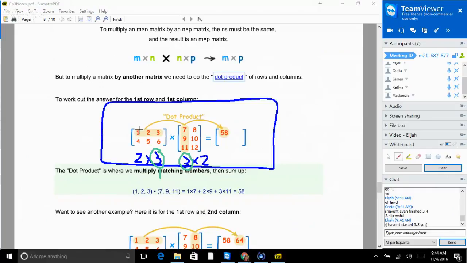We have 3 columns. The number of columns in the first matrix has to match the number of rows in the second matrix. If these two match, then you're allowed to multiply. Okay? And the result is going to be a 2 by 2 matrix.